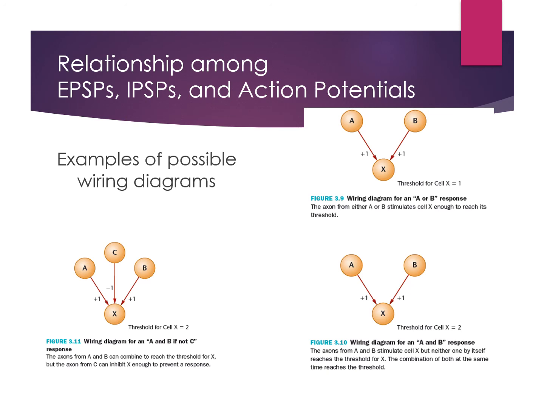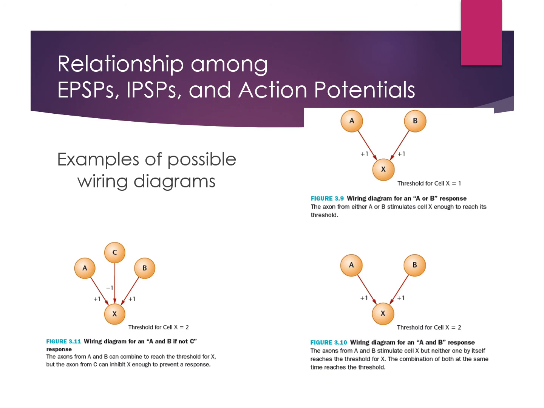So A sends 1 unit of activation, B sends 1 unit of activation, and if either A or B are sending activation to X, X is going to respond. If A and B are sending activation to X, if you remember from our discussion of when do I actually fire and how do I communicate signal strength, if they're both sending information to X, X is going to fire more quickly.